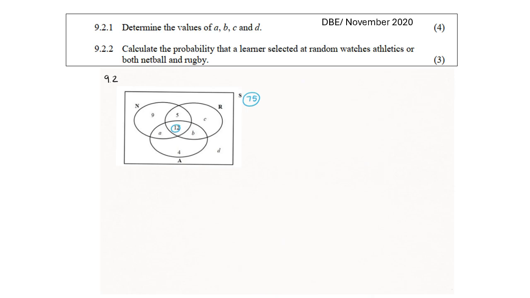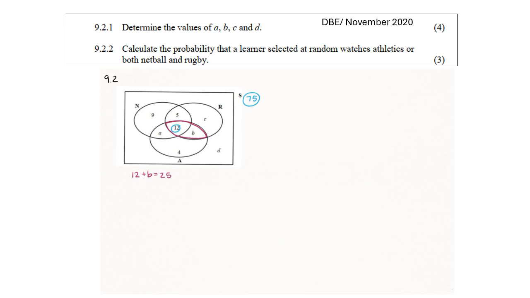Then they say 25 learners watch rugby and athletics, which is the intersection between A and R. So from this, we can say that 12 plus B will be equal to 25.